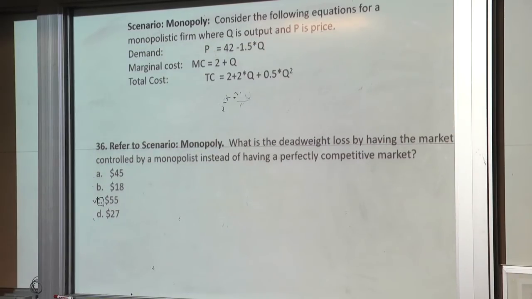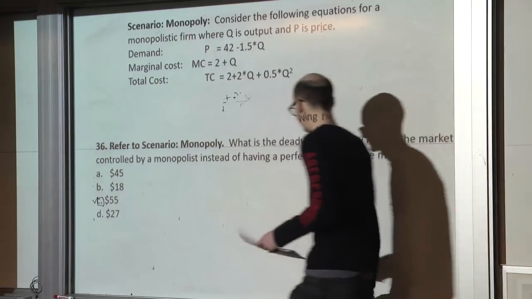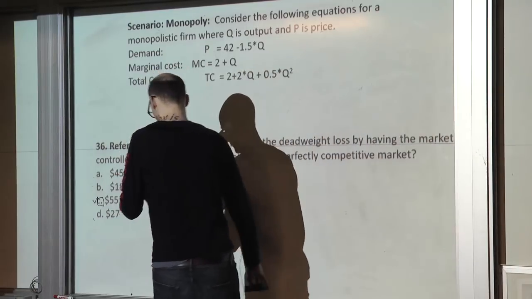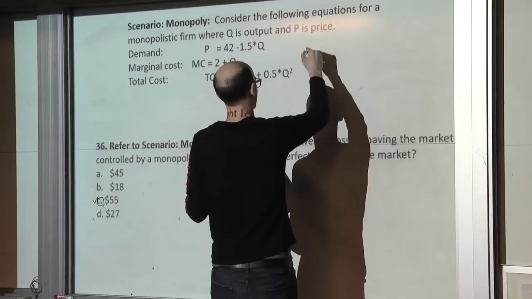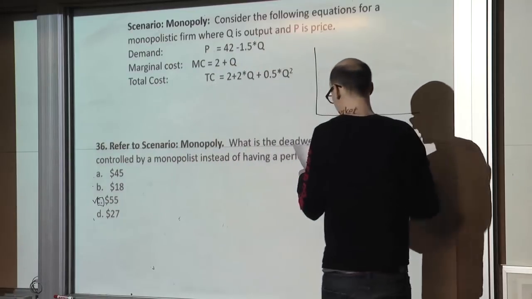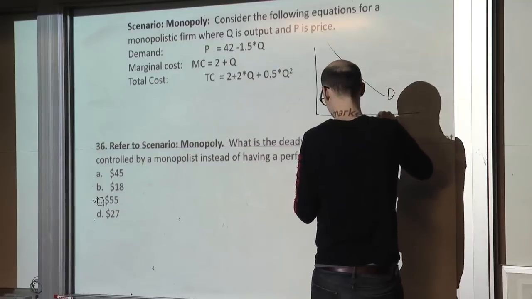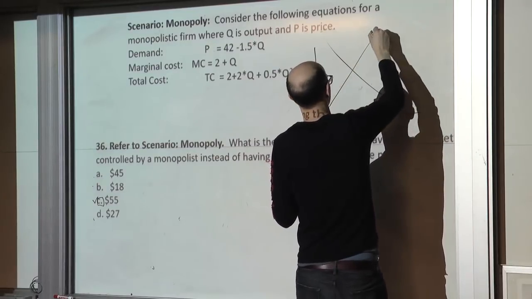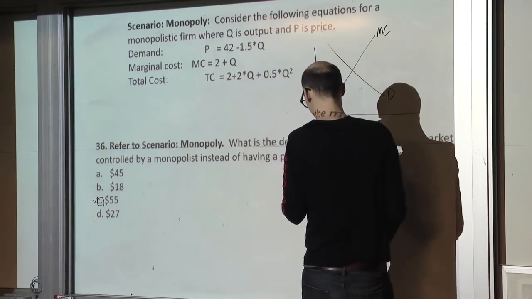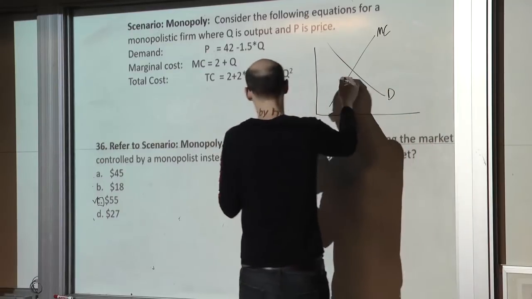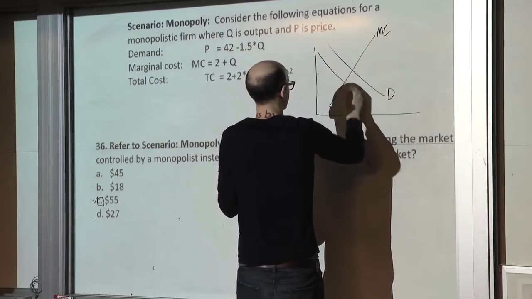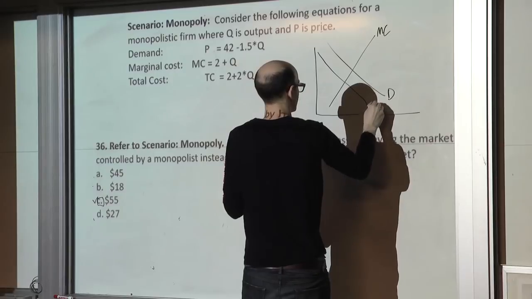So what's the deadweight loss in this market? To calculate deadweight loss, it helps to draw the graph. We have demand. We have the marginal cost curve. In the uncompetitive case, they're going to go to marginal revenue.